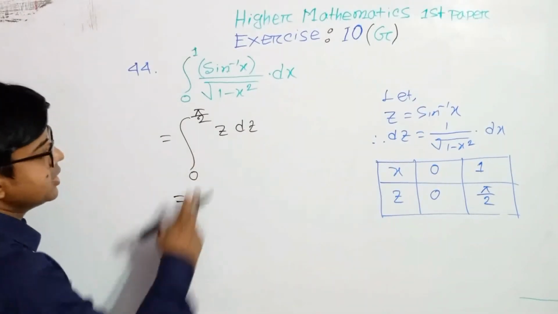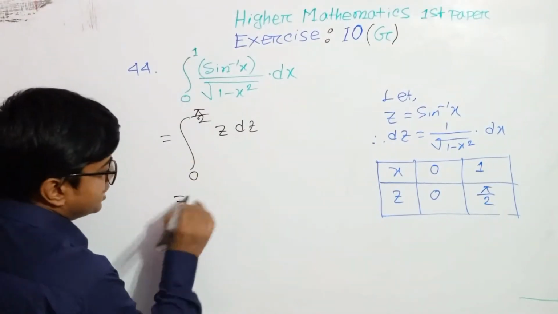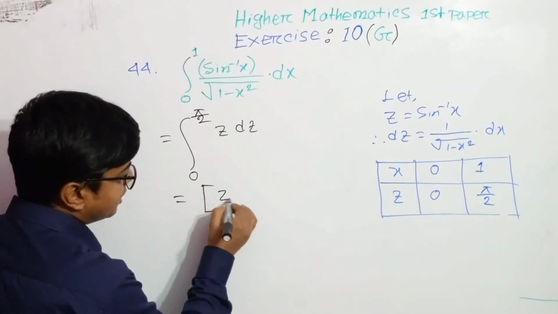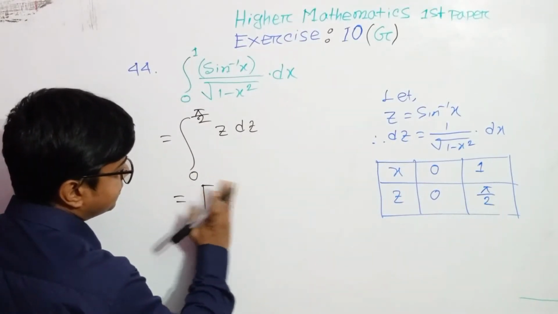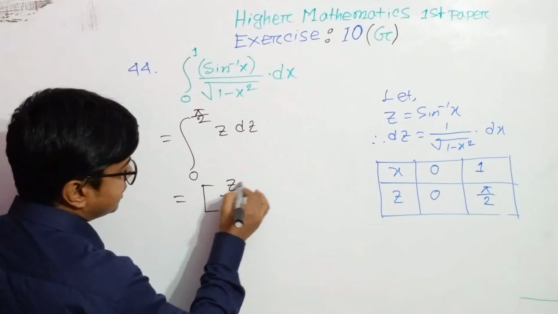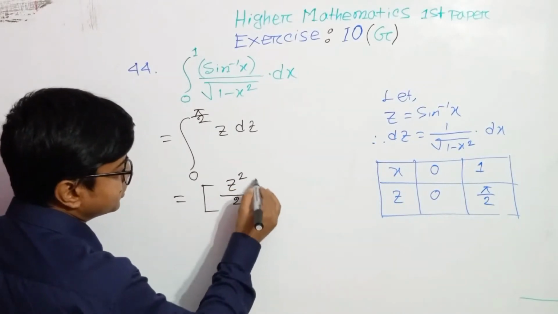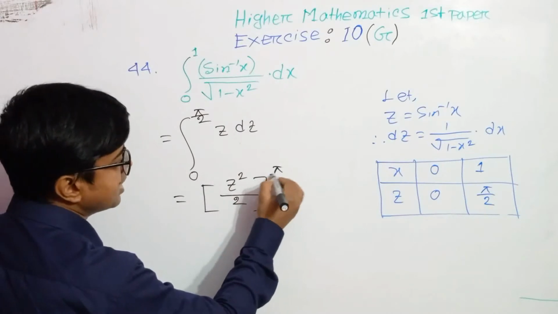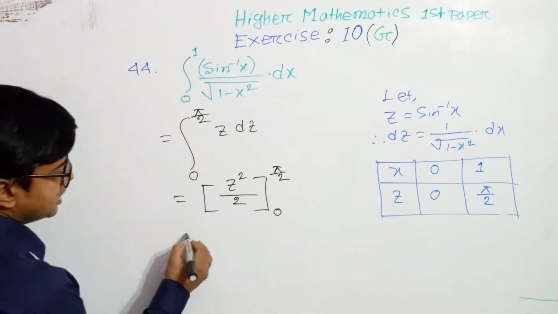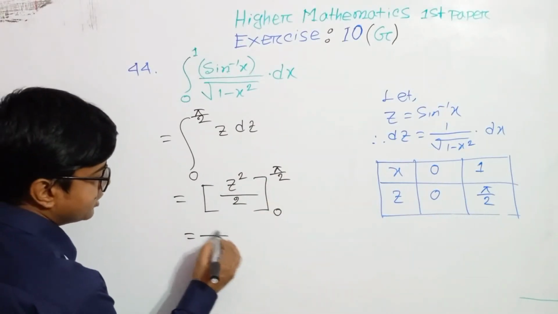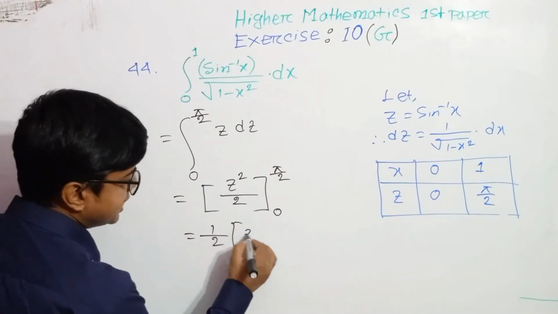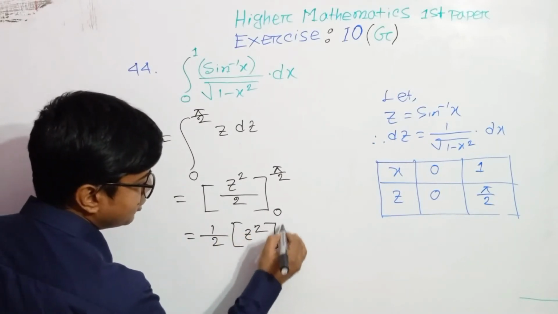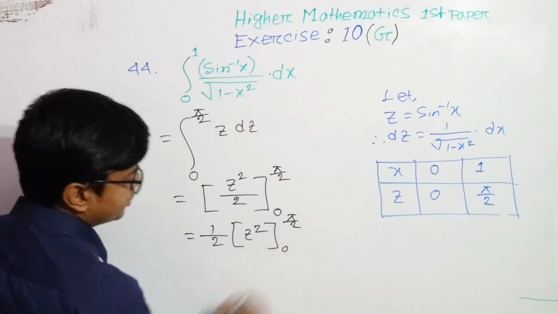Now integration of z, it will be z square by 2, and lower limit is 0 and upper limit is pi by 2, and here we can write 1 by 2 z square, 0 to pi by 2.